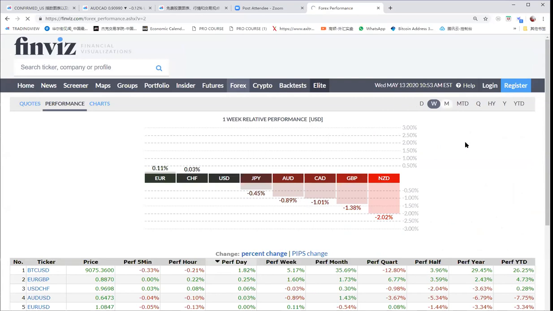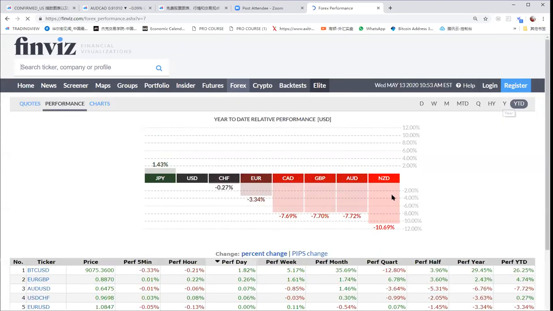On the monthly chart, this is a difference. Aussie is the number one currency, Canadian is the last three. Year to date, Canadian is here, Aussie is here. So what can this relative performance tell us? You can see the Aussie, Kiwi, Canadian, these three pairs.